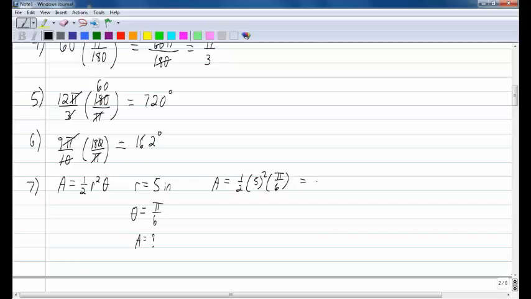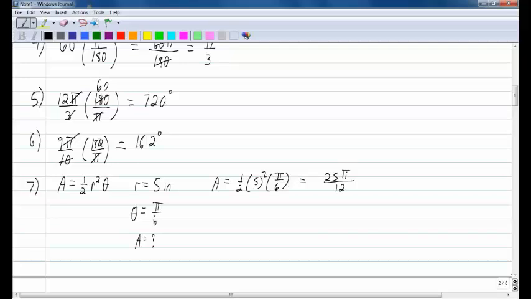Alright, so if you square 5, you get 25. 25 times 1 is 25, so that's 25 pi over 2 times 1 times 6 is 12.